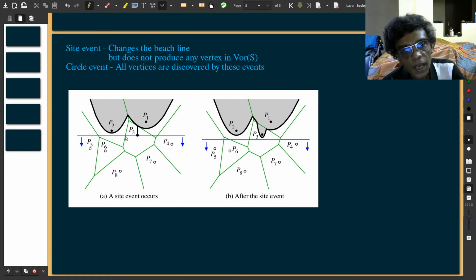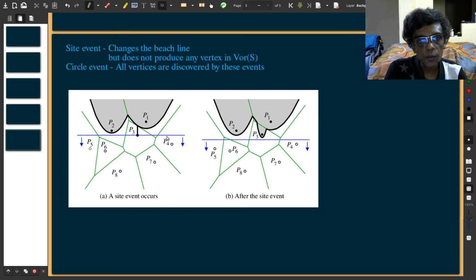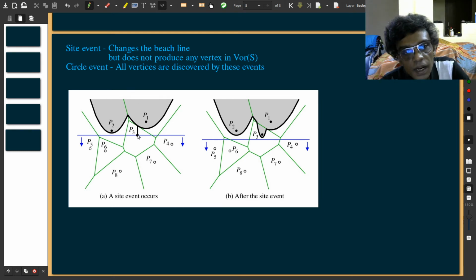So the idea is that a site event occurs when the sweep line hits a site. In this example, P3. Earlier P3 was below the sweep line, but since it is moving downward, at some point it hits P3, and then a site event occurs. This introduces a new parabolic arc.